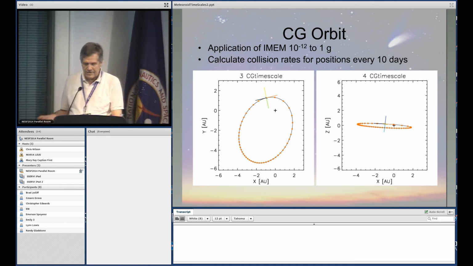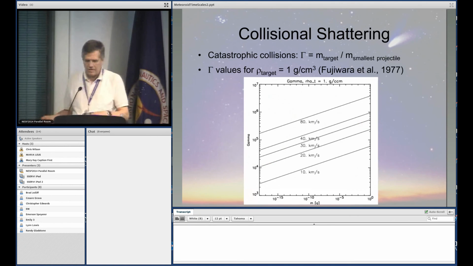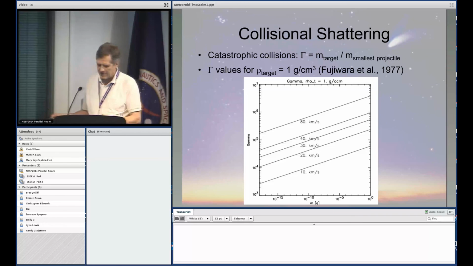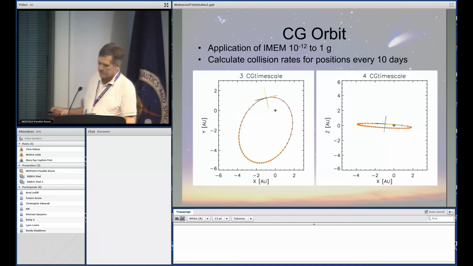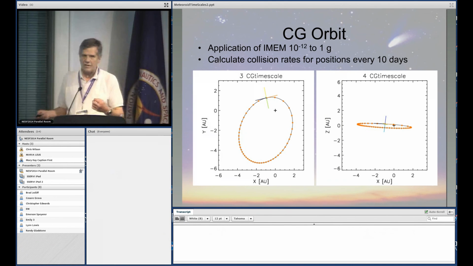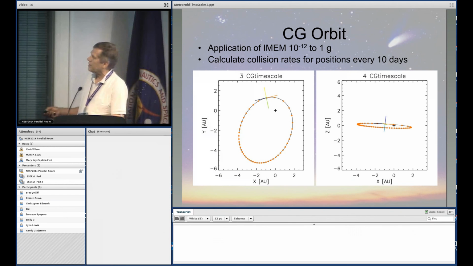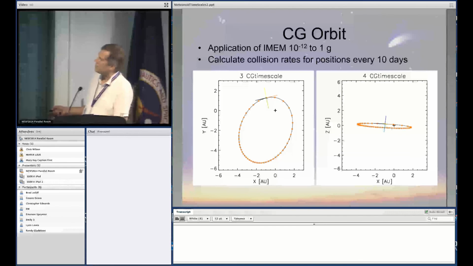In order to estimate now the collisional lifetime, we have to fold in a model, and we took the meteoroid model which was developed by Valery Dikarev in 2005, and which is the basis for the ESA interplanetary meteoroid model.